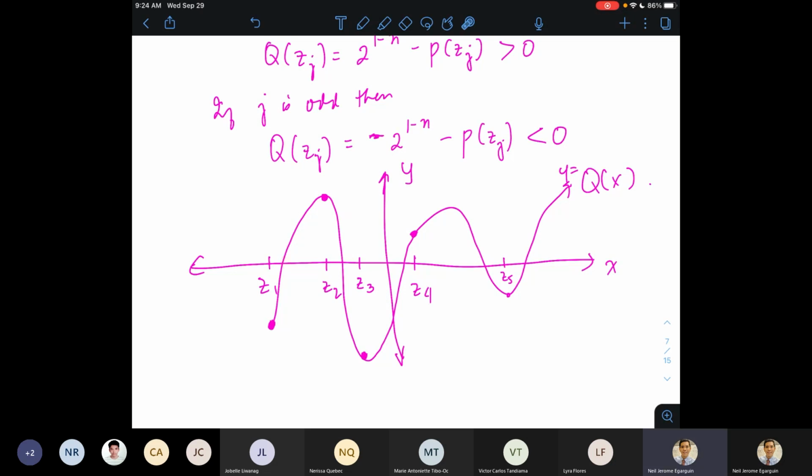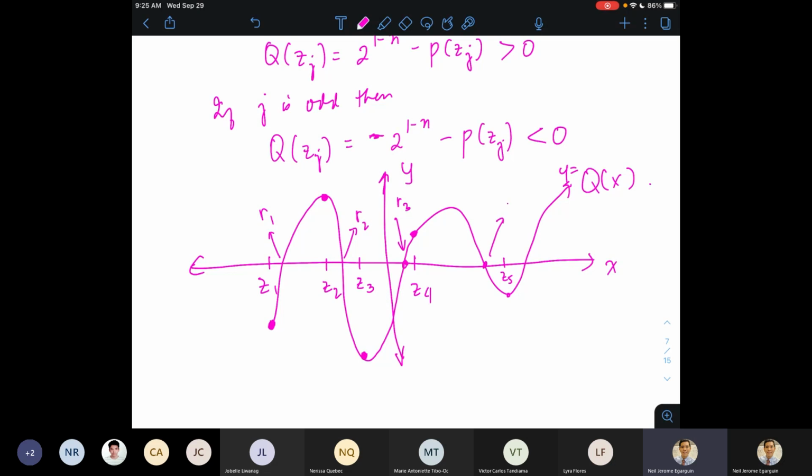And then, similarly, Q was positive at ζ_2. It is negative at ζ_3. So again, by the intermediate value theorem, because the function is continuous, it must intersect the x-axis. And again, there will be another root here. So this is root 1. This is root 2. And that will also happen here. This is root 3.